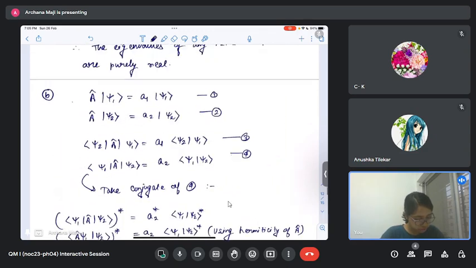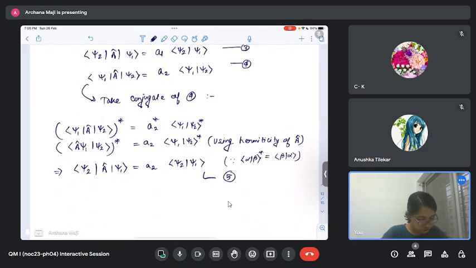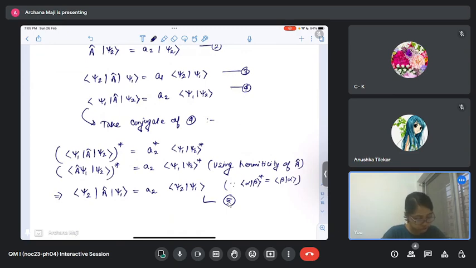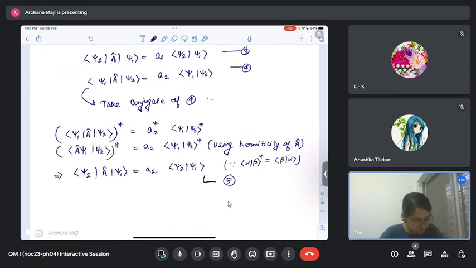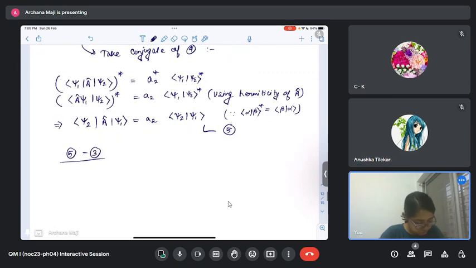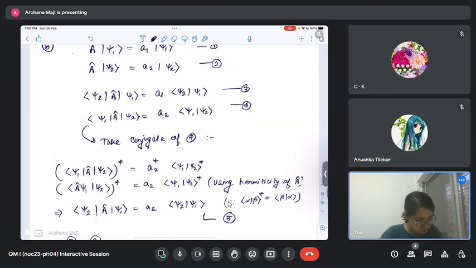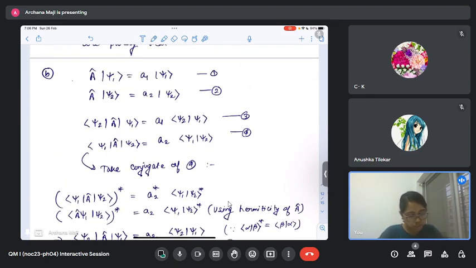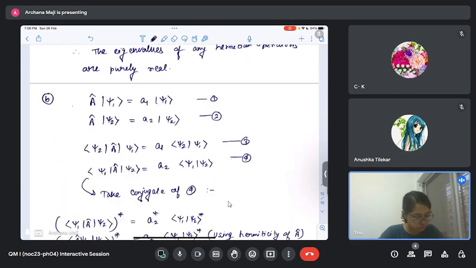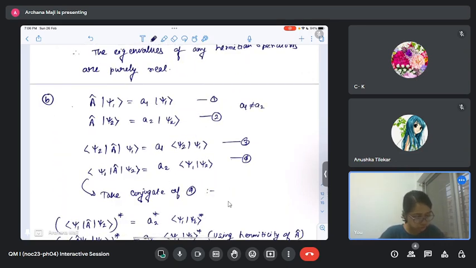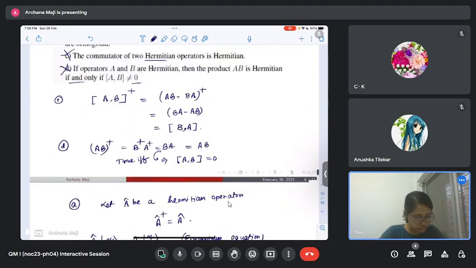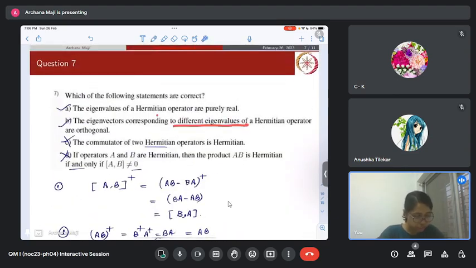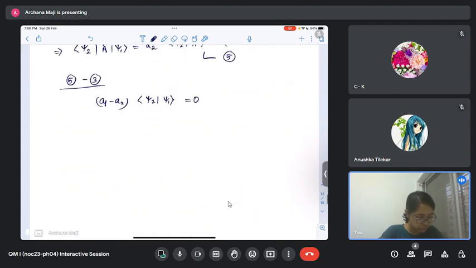So what do we have now? Equation 5. So now subtract 5 and 3. So left hand side is same. 5 minus 3 if we do, right hand side we have A1 minus A2 psi 2 psi 1. Correct? That is equal to 0. Now we started with two different eigenvalues. So of course A1 is not equal to A2. That's what it says. Statement: eigenvectors corresponding to different eigenvalues. So A1 not equal to A2.